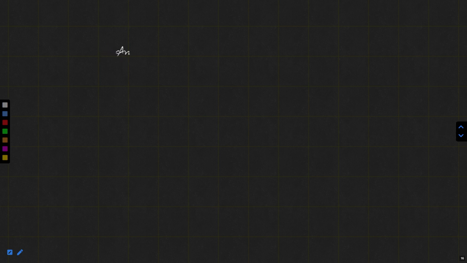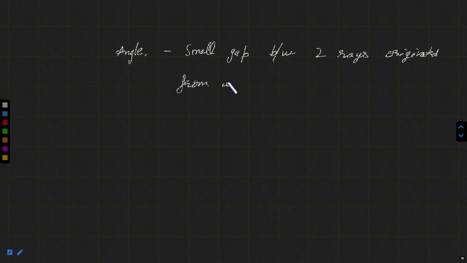An angle is a small gap between two rays originating from a single source.